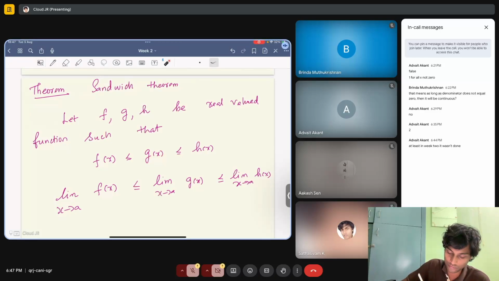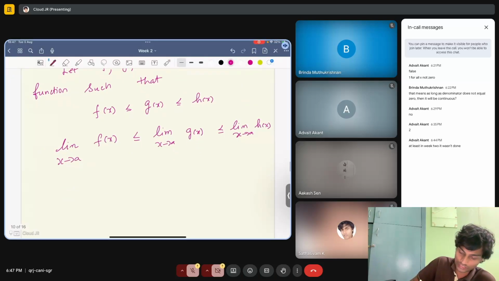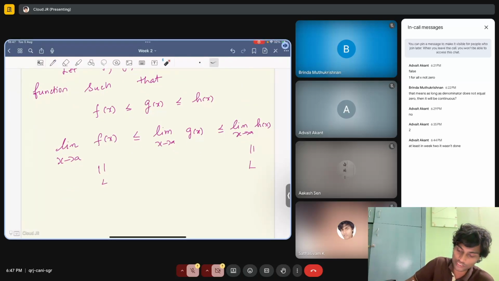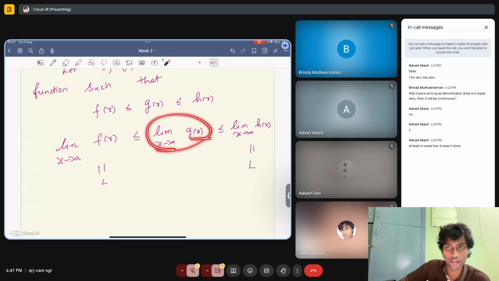Then you can use this and this, and if these two limits have the same value, suppose this is L and this is also L, then that tells you the limit of g is also L.